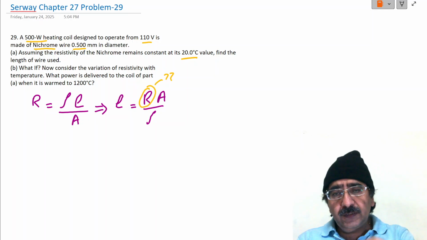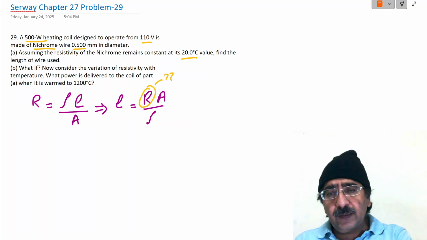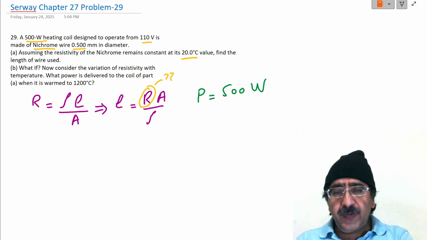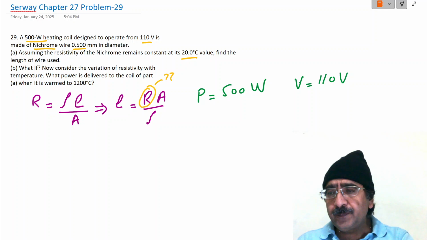For this resistance, we have given that P is 500 watt. Operating voltage V is 110 volt.